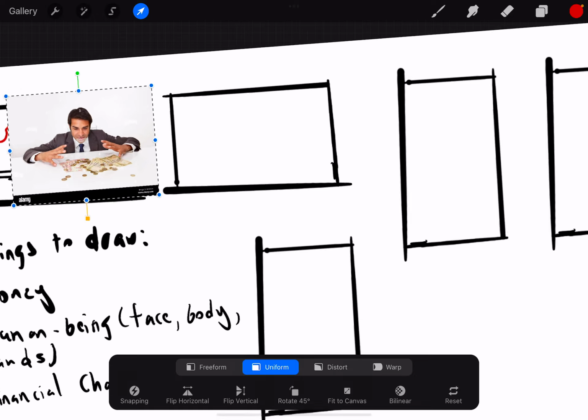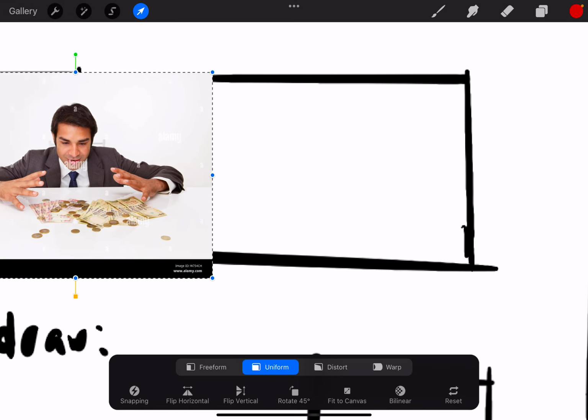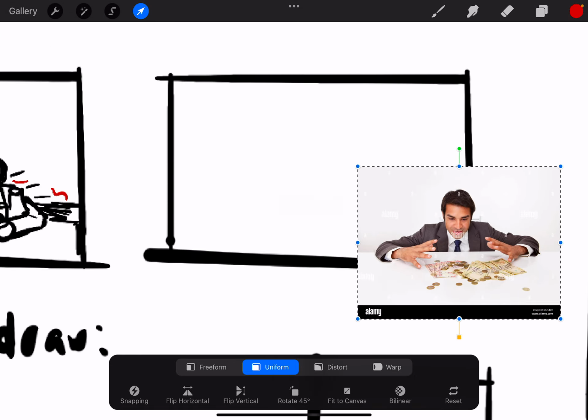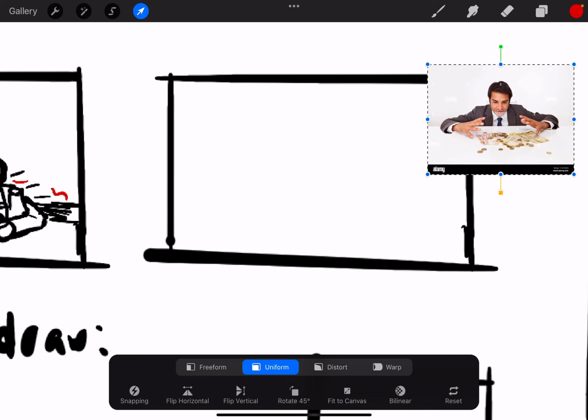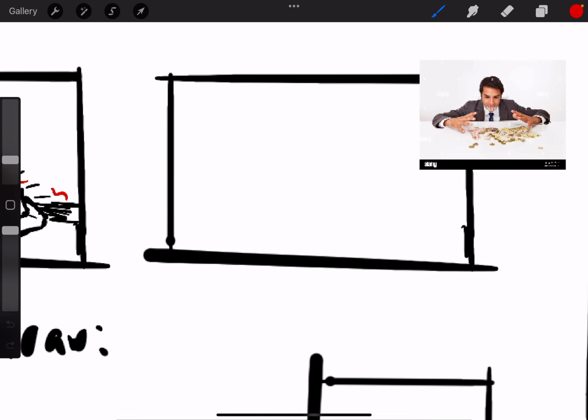So I can look at this, open them in my drawing. Yeah, this is really small. It's not really a big deal.